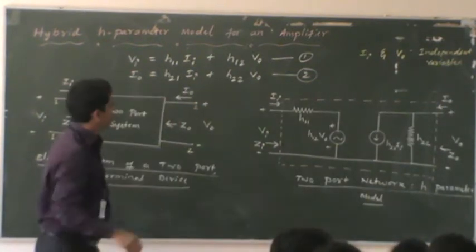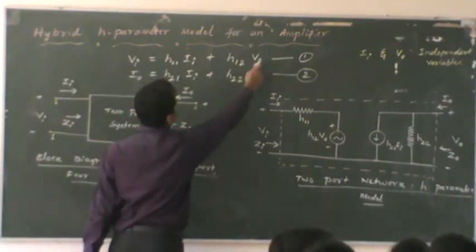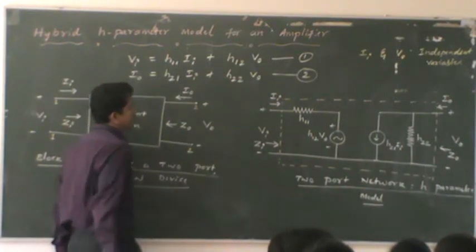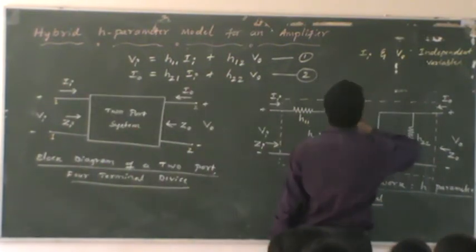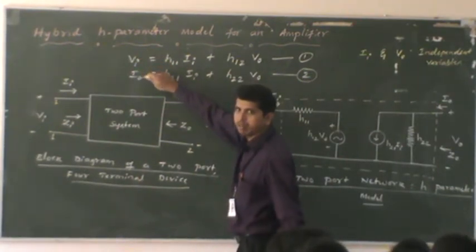If you look at the equations, they are present on the right hand side. So Ii is one variable and V0 is another variable. In both equations, Ii and V0 are present. So those are going to be the independent variables. And of course Vi and I0 become the dependent variables.